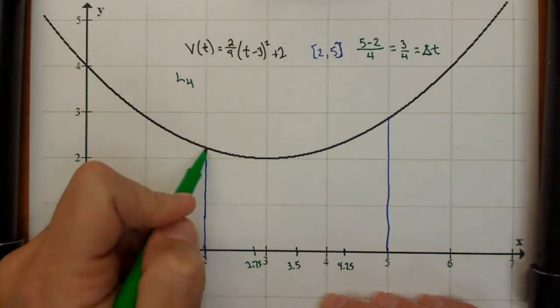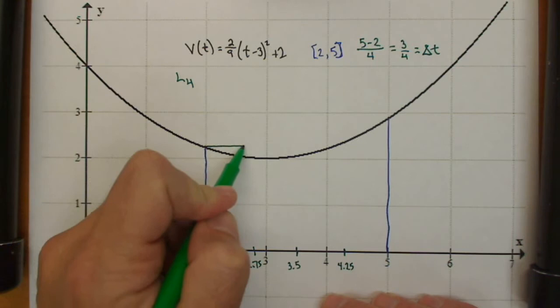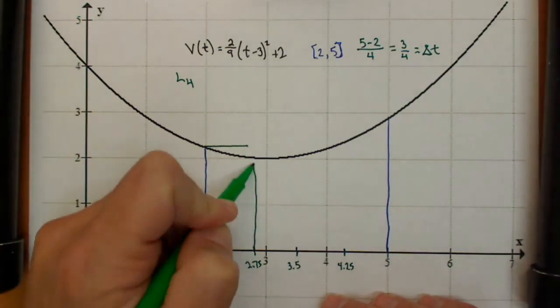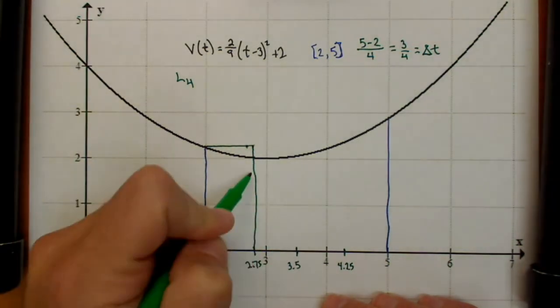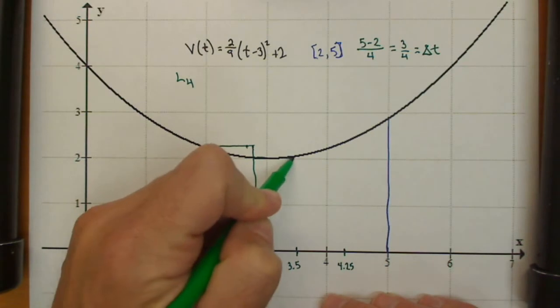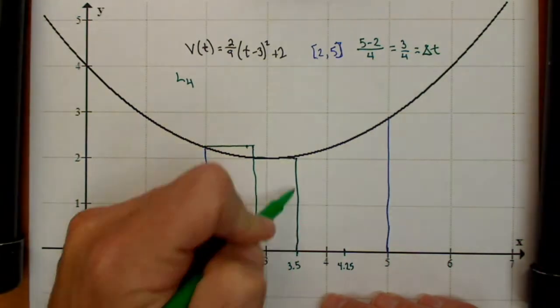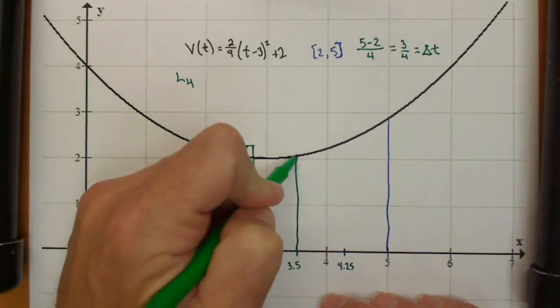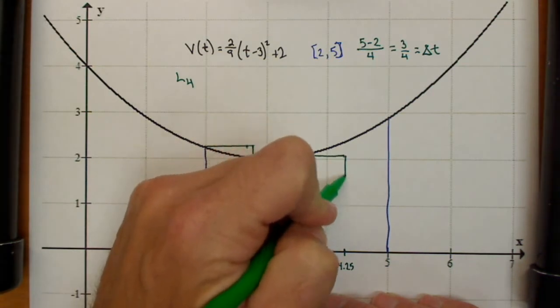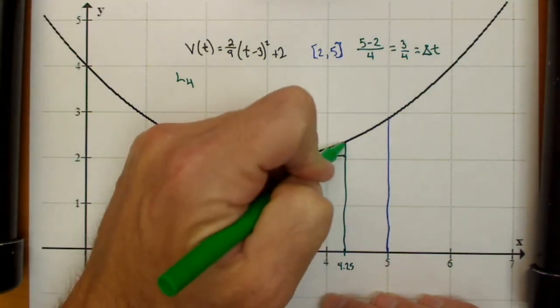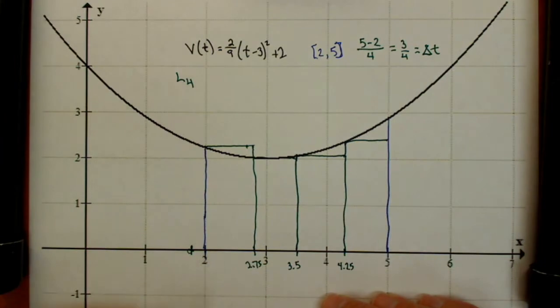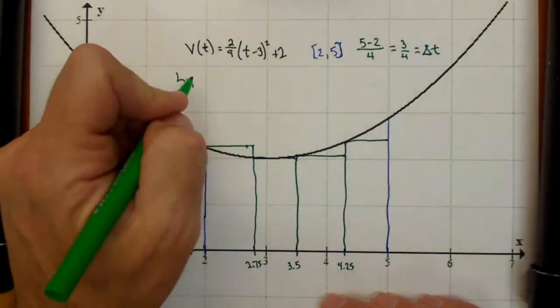Now we're going to use the left-hand rule, so the left end is going to make the tops of our rectangles. We're going to come over and down. Left end, over, and down. Left end, over, and we don't need to go down on that one. So that would be our left-hand rule there in the green.